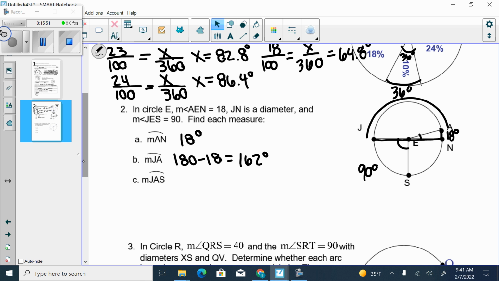All right, and then lastly, the measure of arc JAS. Subtract the 90 from 360, okay. So it's all of this, right? And you just keep going all the way to S. Well, we know from here to here was 180. That has to be 90. It does have to be 270. Good. All right.